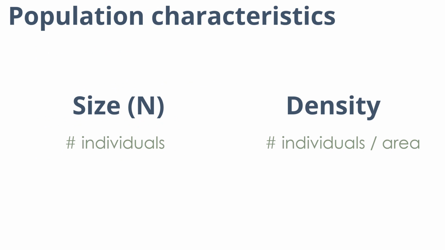Studying populations usually begins by determining how many individuals of a particular species exist and how closely associated they are with each other in space or time. So a population can be characterized by its population size, so N, the number of individuals, and its population density, which is the number of individuals living within a specific area or volume.